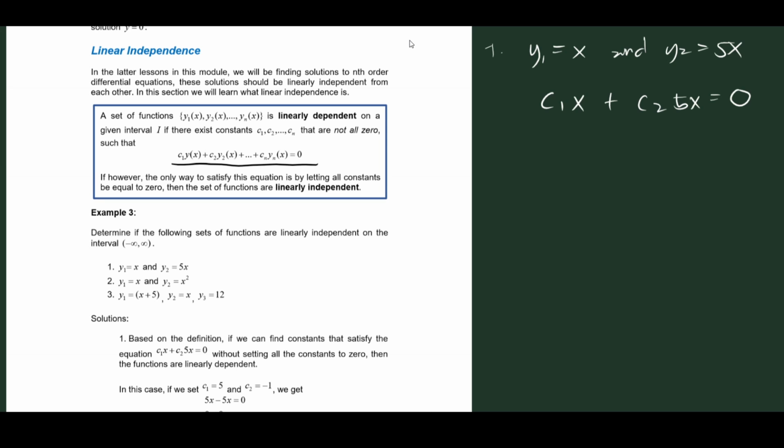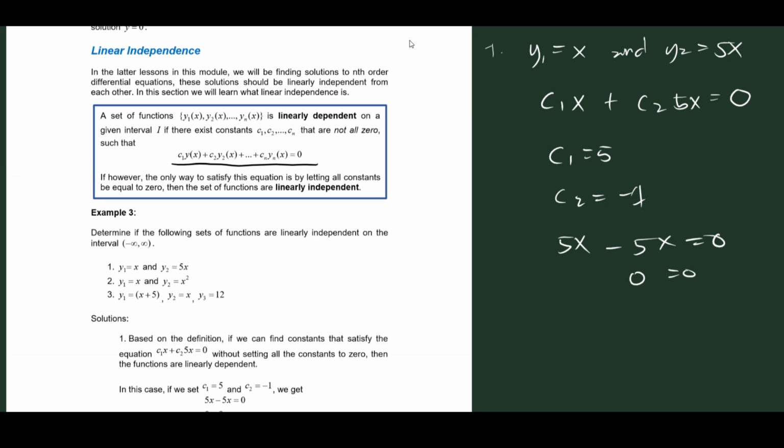Okay, so by observation, we can see that we can set c1 equal to 5 and c2 equal to negative 1. So what will we get? If we do that, we will get 5x minus 5x, right? Which is equal to 0.